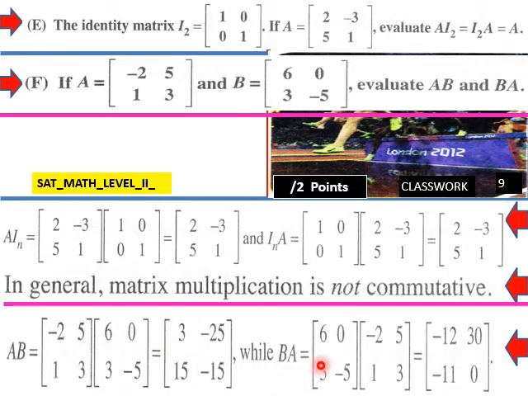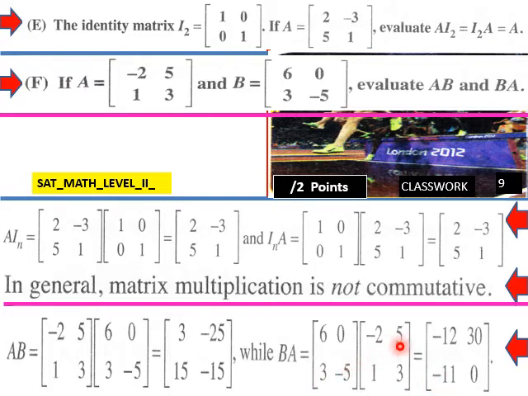While our BA now, we go 6 times -2 is -12, and 0 will be -12. Then 6 times 5 is 30, and then 0 times 3 is 0. We get 30. And then 3 times -2 is -6. -5 times 1 is -5, so -11.